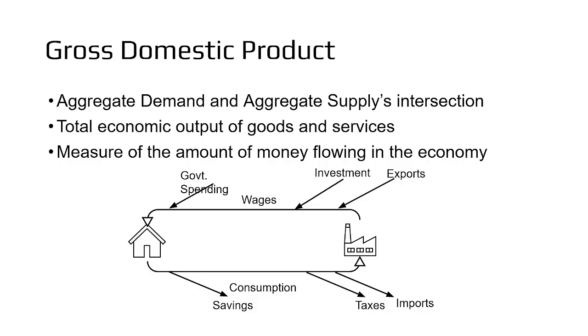So that money is being taken out of the flow of money that determines GDP. Now, on the flip side, there are three external ways which can inject money into the economy and boost GDP. Government spending is one of the major external factors that boosts the economy.